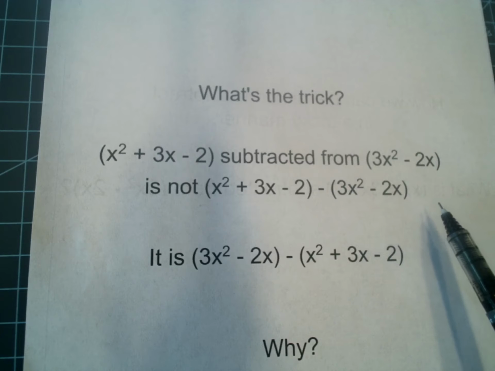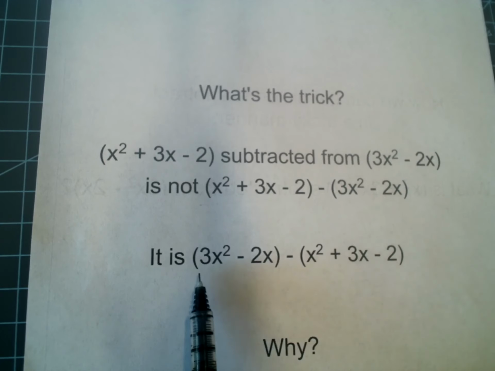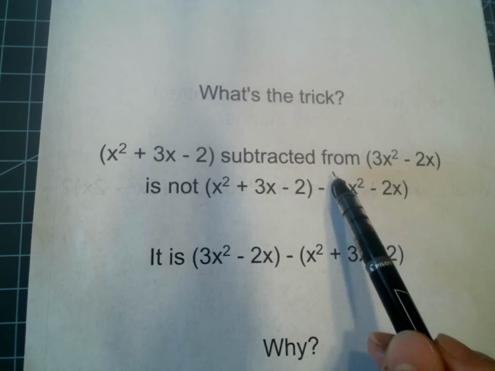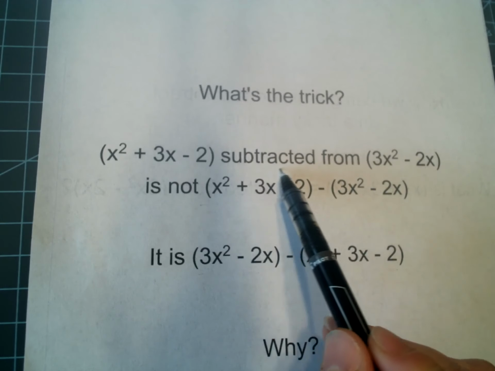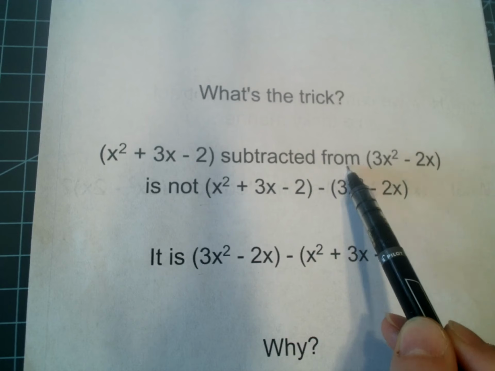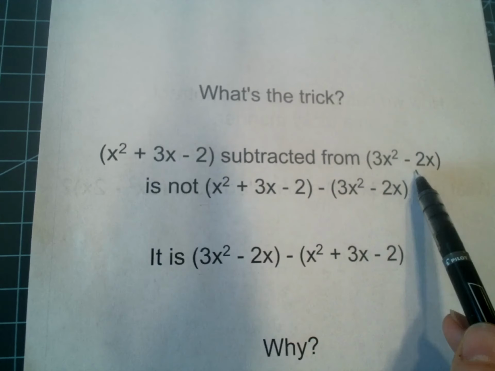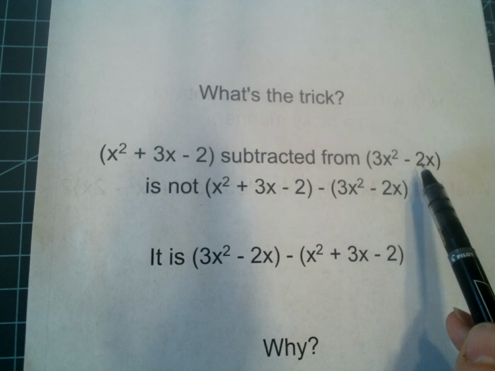That means it's this one taken from this one, which means this one minus this one. So we would perform this subtraction the same way. You're still going to change this minus to a plus, and then change everything after that.